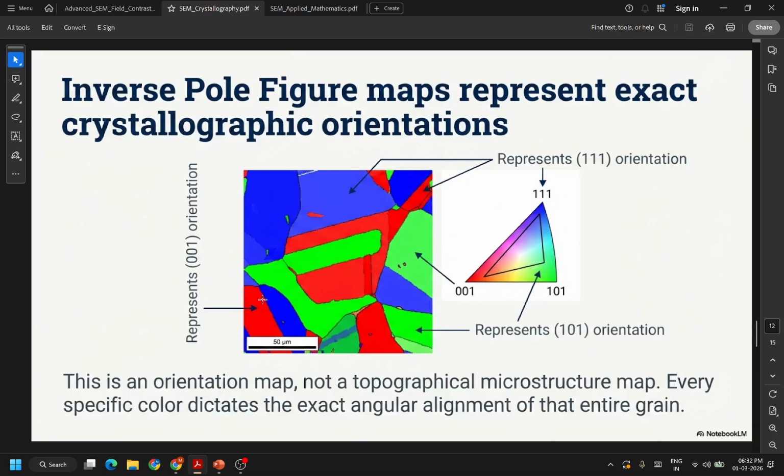So here you can see three different planes are used: 001, 101, and 111. The red is representing your 001, green is representing 101, and blue is representing 111 here.